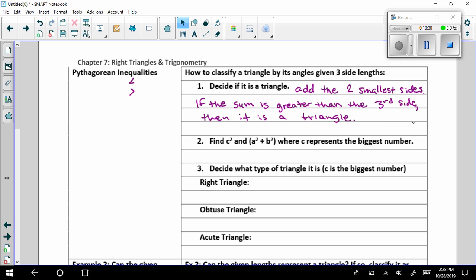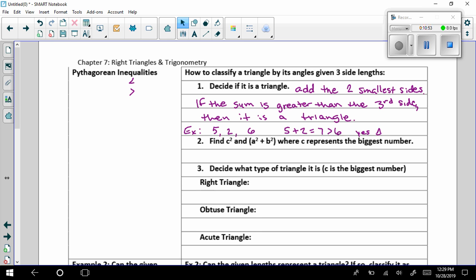Okay, so for example, if I give you 5, 2, 6, all right, then 5 plus 2 equals 7, which is bigger than 6, so this is a triangle. Okay.